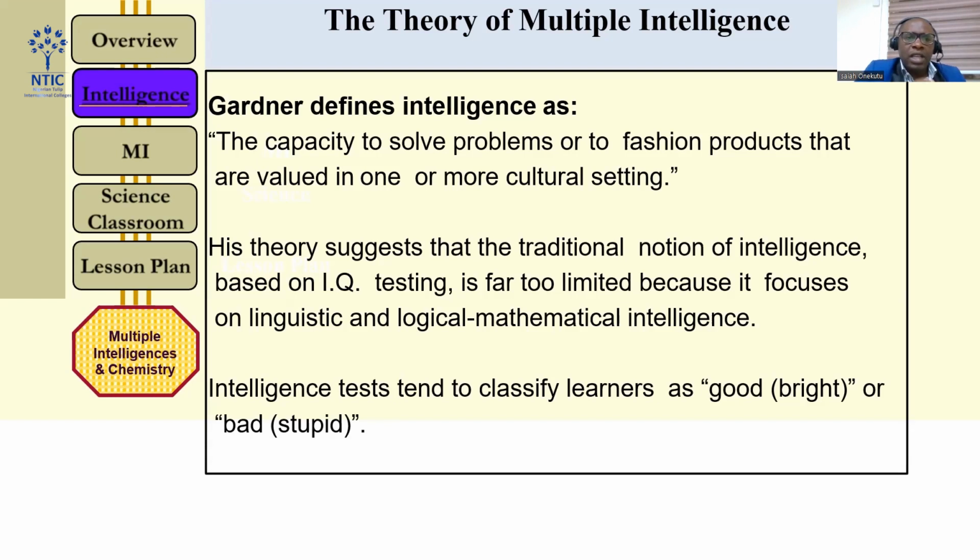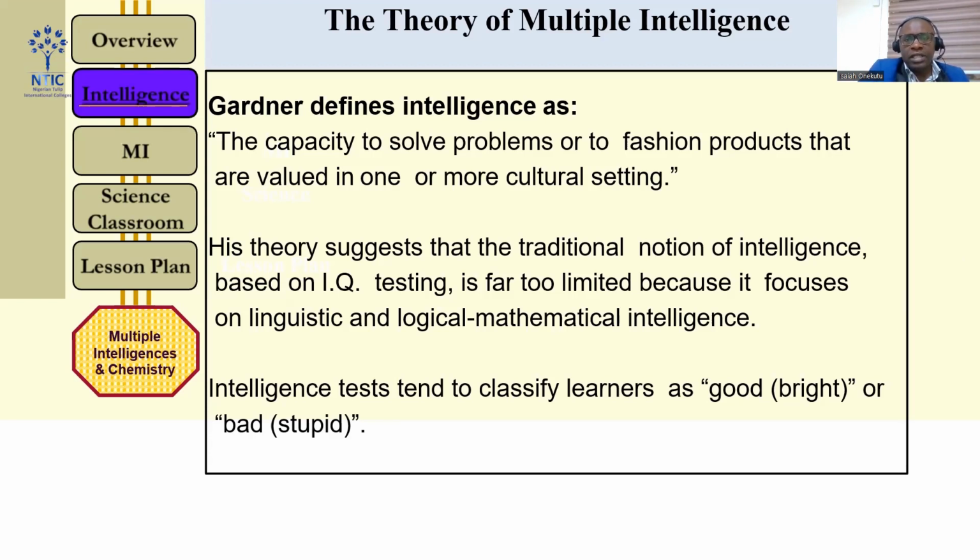Gardner defines intelligence as the capacity to solve problems or to fashion products which are valued in one or more cultural settings. That is to say, in the long run, this intelligence is supposed to be a product that will be seen or visible in the society.